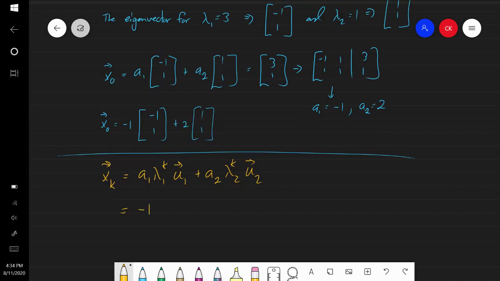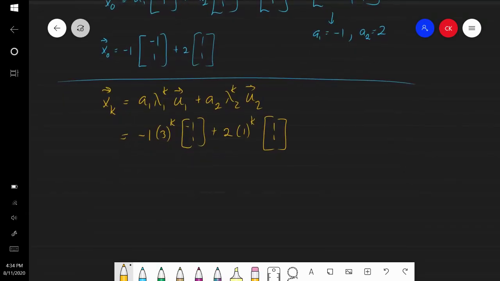We have that the eigenvalue lambda 1 was 3 and the eigenvector was (-1, 1). So we can plug those in. Plus a2, which is 2, times the eigenvalue lambda sub 2, which was 1. We raise that to the kth power. And then u sub 2, the second eigenvector associated with lambda equals 1, was (1, 1). So this becomes the general formula then for the vector x sub k.